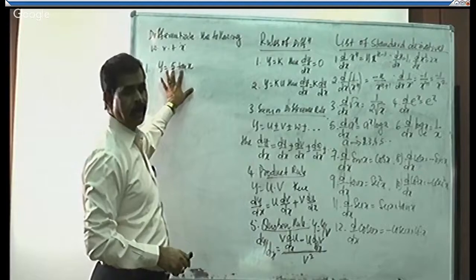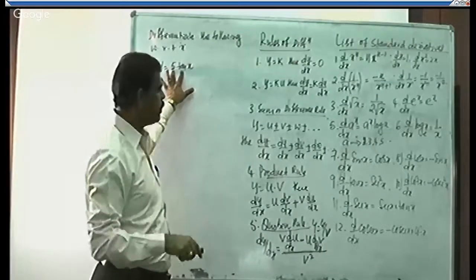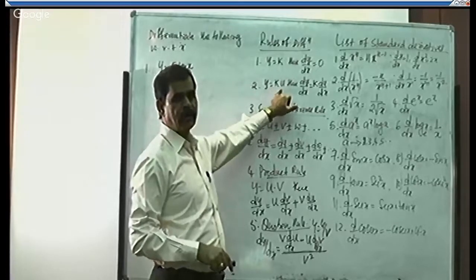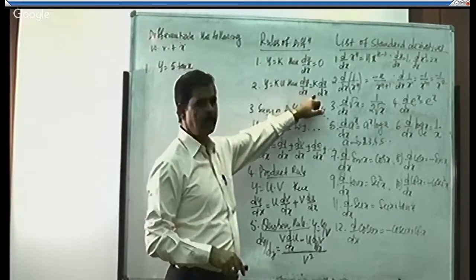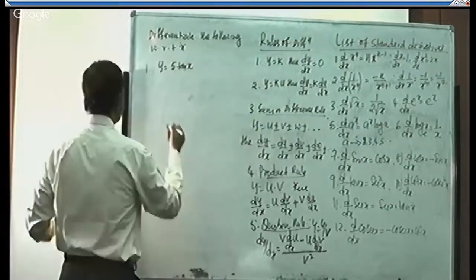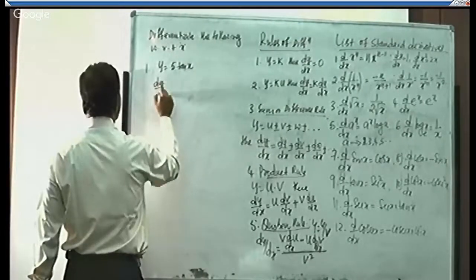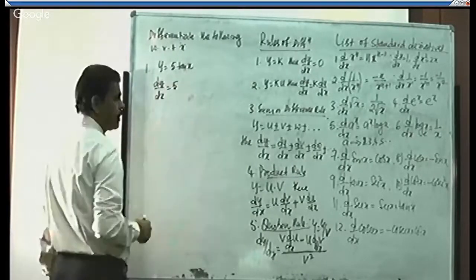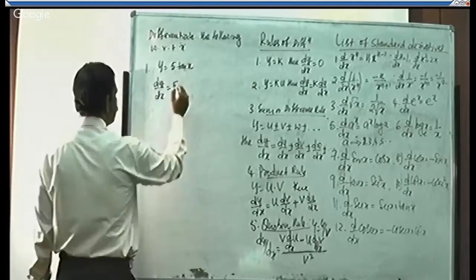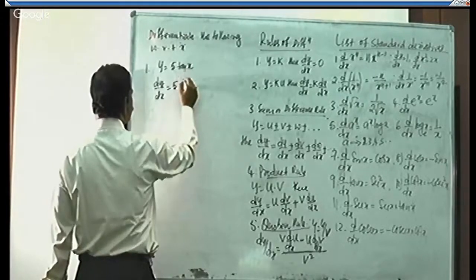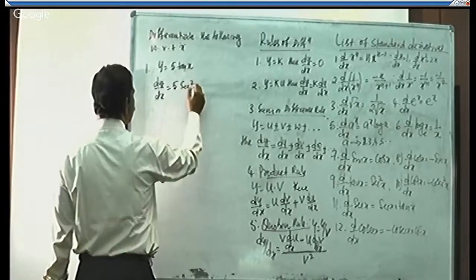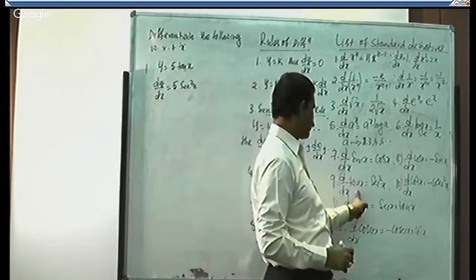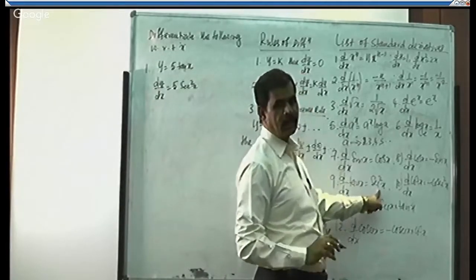Constant into function, therefore we have to apply the second rule. Differentiation of constant into function: keep the constant as it is and differentiate tan x. Differentiation of tan x is secant square x. See the list of standard derivatives.